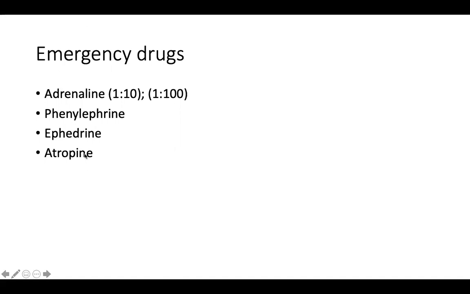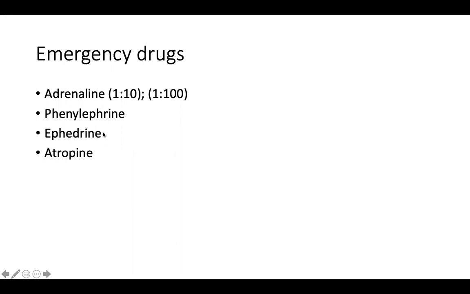Then for other patients, like adult patients, ephedrine and phenylephrine must be immediately available because these are your go-to drugs in hypotension. And we know in anesthesia, our volatiles cause hypotension, it's guaranteed. So if you're not drawing your emergency drugs prior to giving your anesthetic, your practice is unsafe.